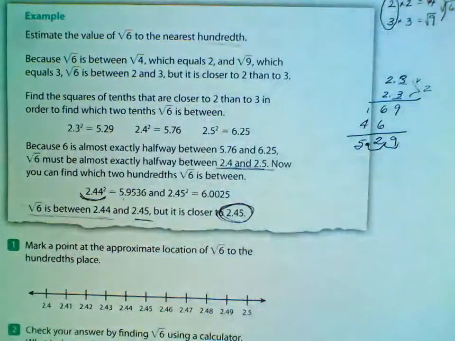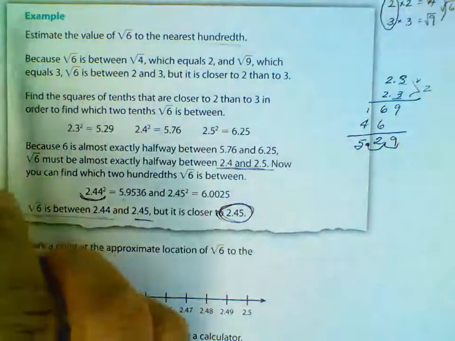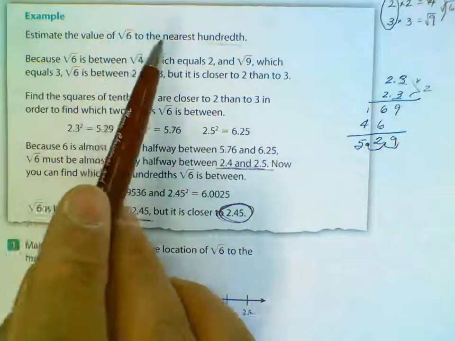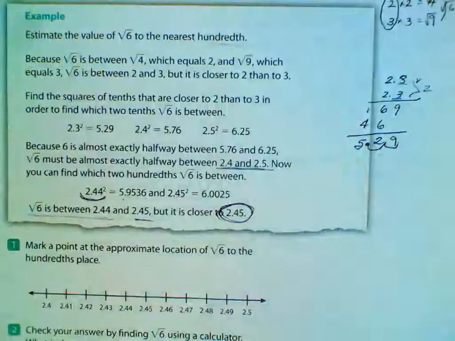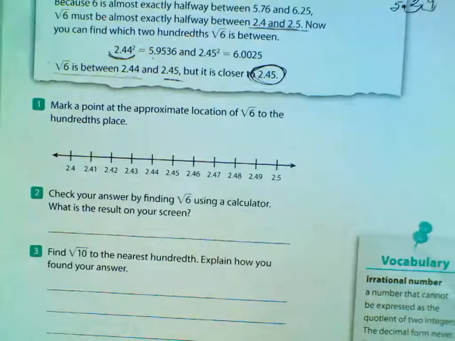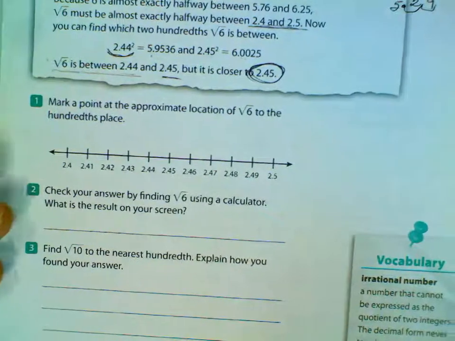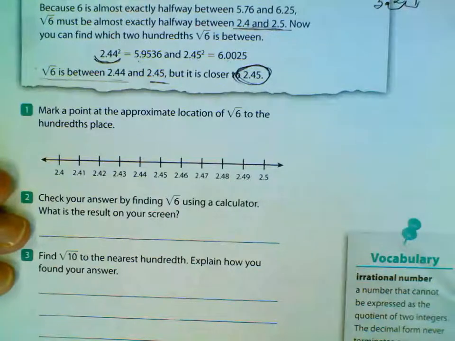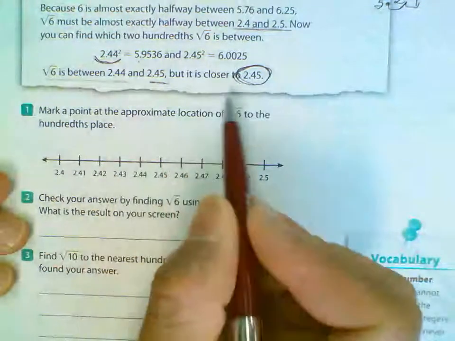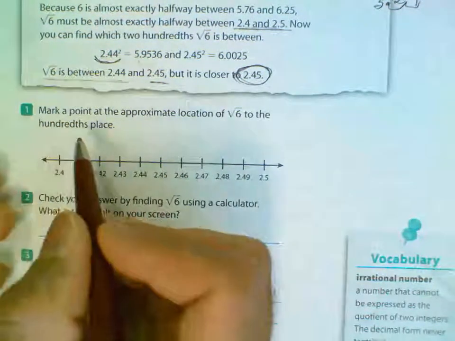Now, knowing all that from the example, remember it says estimate the value of the square root of 6. We are not going to get the exact value; it's an estimate. Then problem number 1: mark a point at the approximate location of the square root of 6 to the hundredths place.